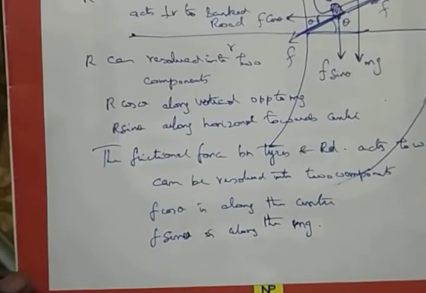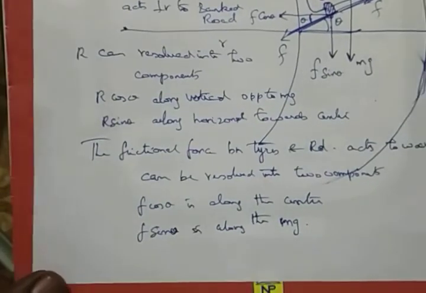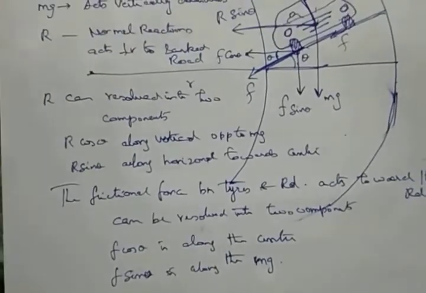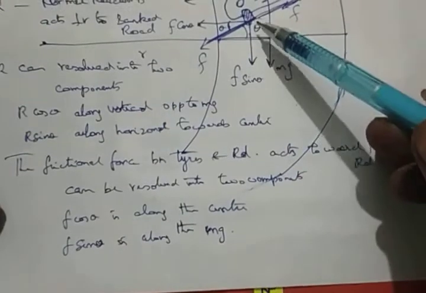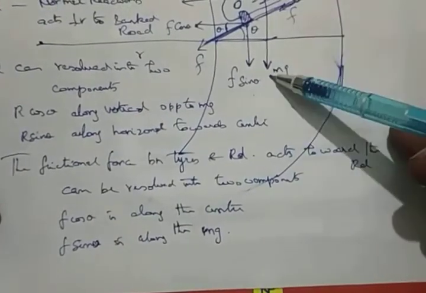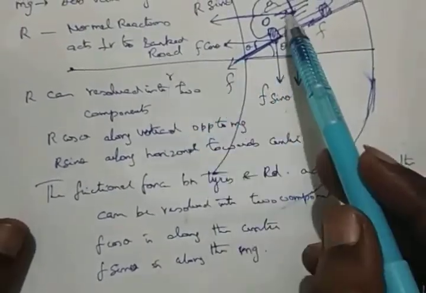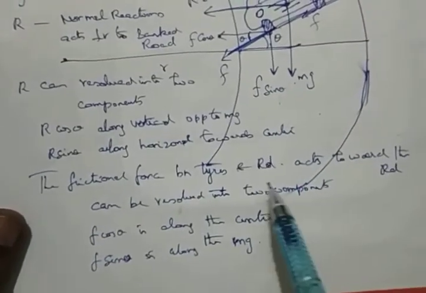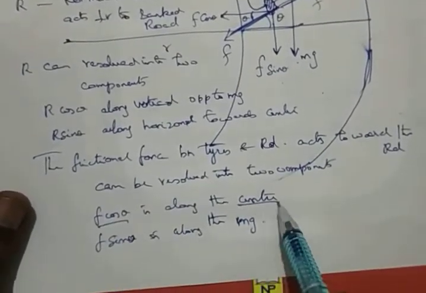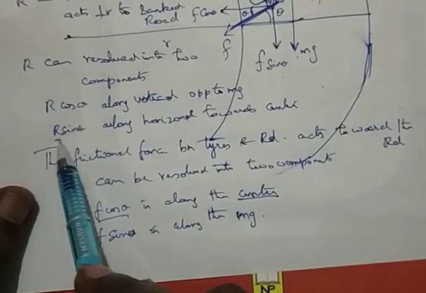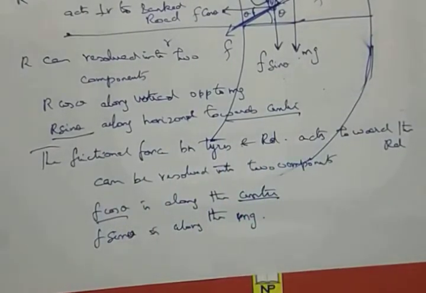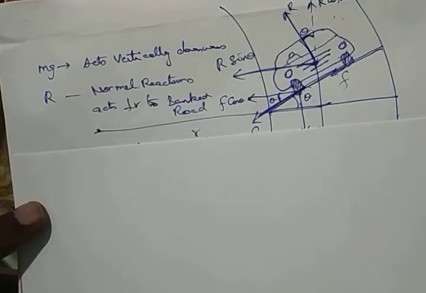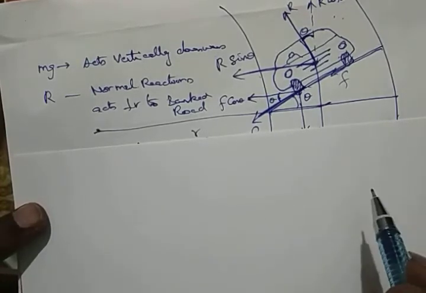Okay, so you got quite a good amount of substance which is being written here. It's all looking quite complex. Now what did we do? F sin theta is acting downwards, mg is acting downwards. F cos theta and R sin theta are acting towards the radius. So F cos theta is along the center and R sin theta is also along the center. That's what we have defined now. So we are going to make two equations out of that.